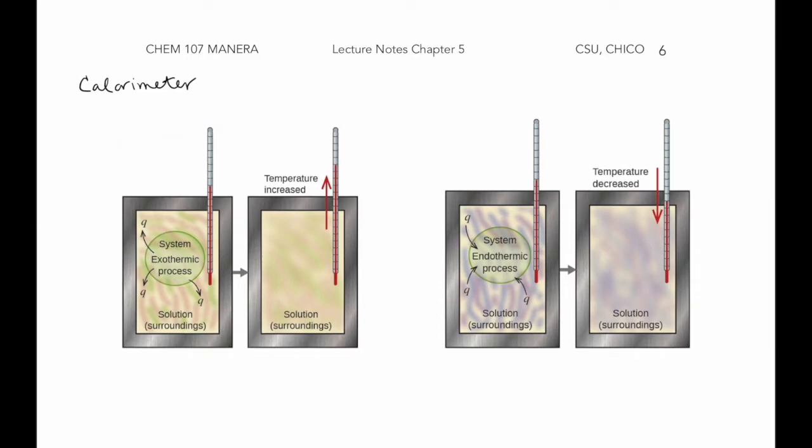And so what happens, we've got two figures here where we look at either an exothermic process where energy is released, or an endothermic process where energy is absorbed. And when I say that, I mean energy released from the system, or energy absorbed by the system.